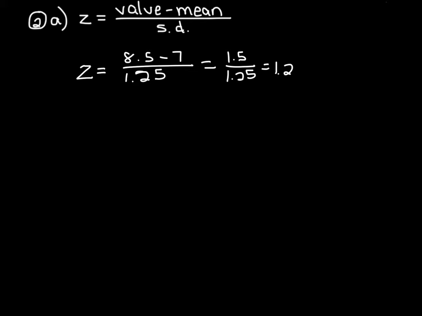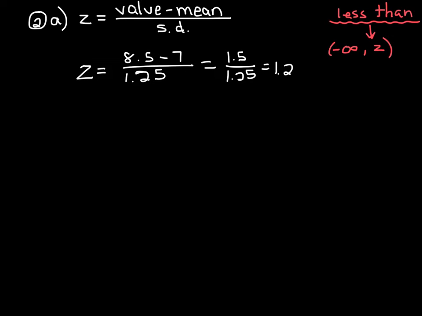Now, if we want to figure out what percent of the students slept less than Harrison, keep in mind when we do less than, when we go to normal CDF in our calculator, less than tells us we're going to start at a very, very small value, right? Negative infinity. We usually use negative 999, and then we go up until our z-score.